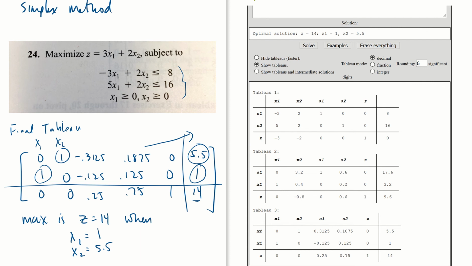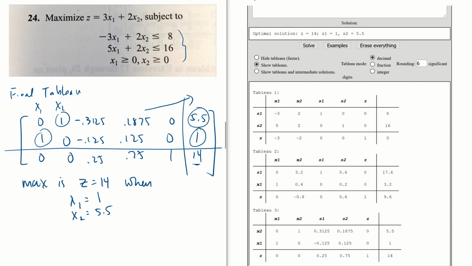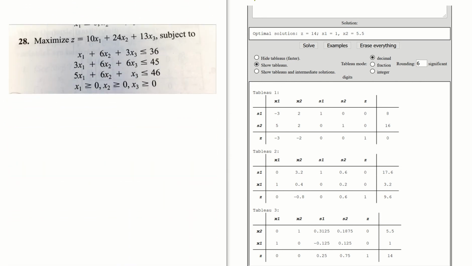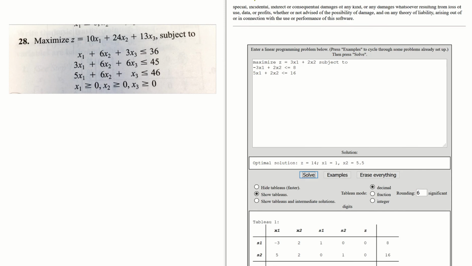Okay, so there's problem 24. Next, problem 28. We're going to do the same thing over here, using the same setup I have here.